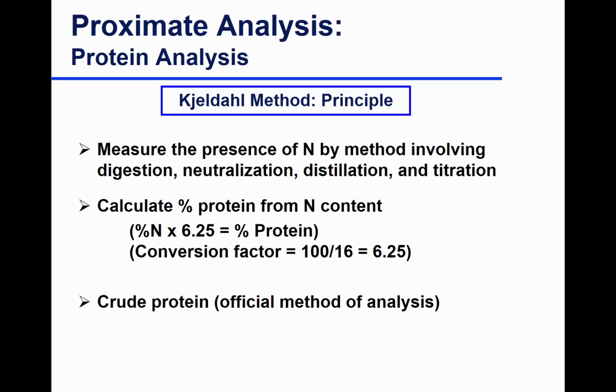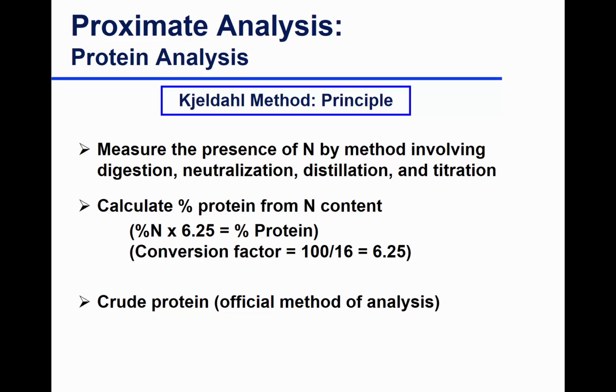Because you have 16% nitrogen, you can convert percentage of nitrogen to percent protein by a conversion factor, which is 100 over 16. 16 is the percentage of nitrogen. It gives you the average conversion factor, which you use to multiply by percent nitrogen.